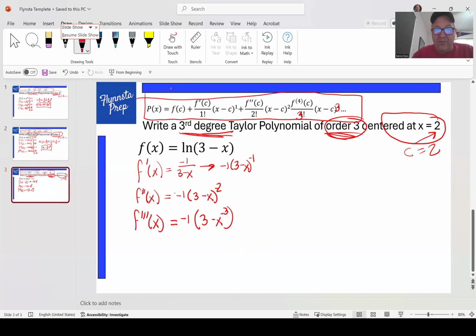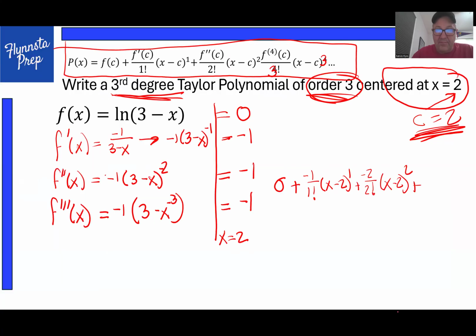Wrong term there. And then lastly, our third derivative has a value of -1 over 3 factorial, x minus 2 to the third. So that simplifies all down to being the following.